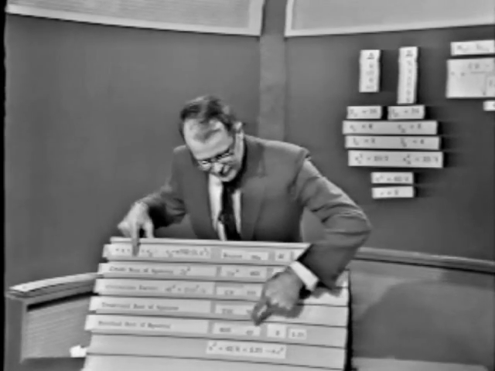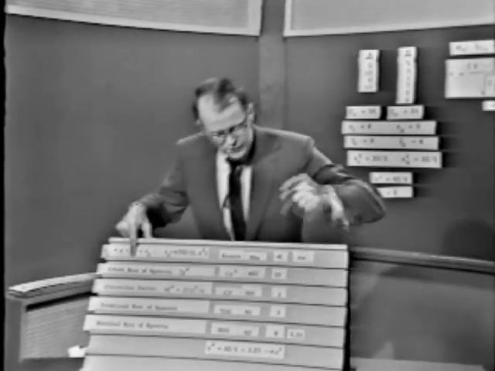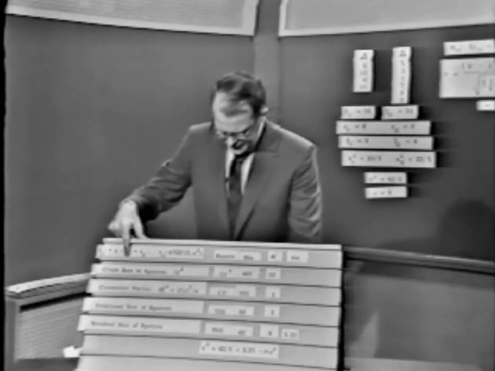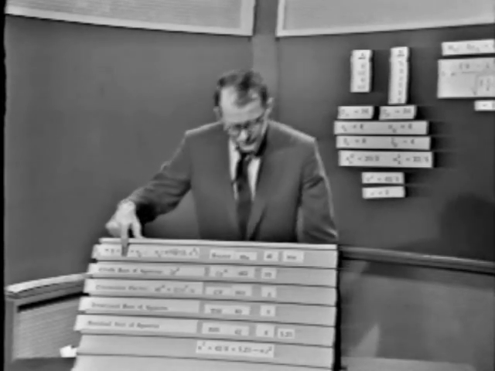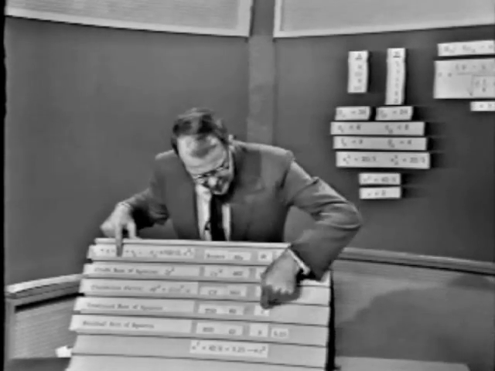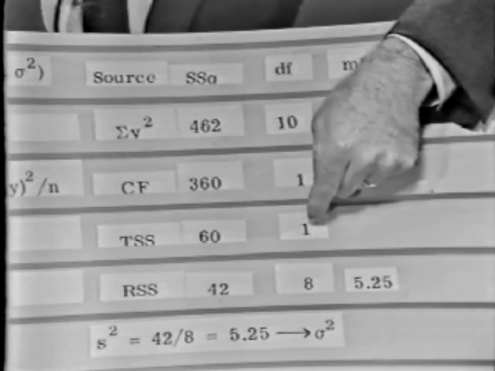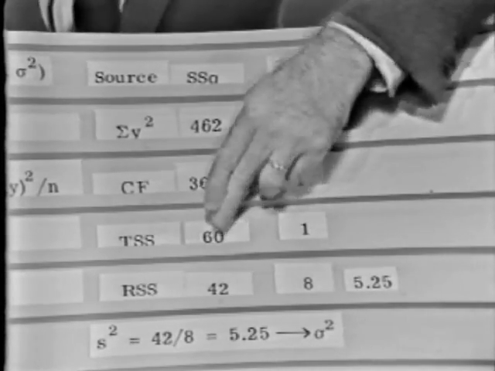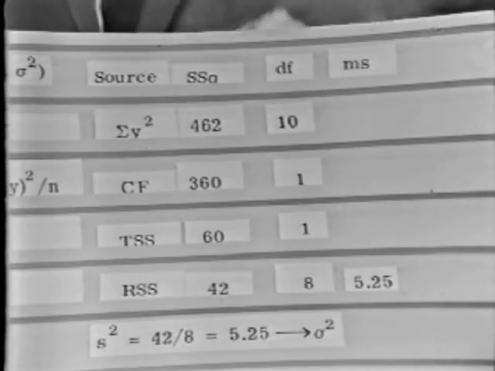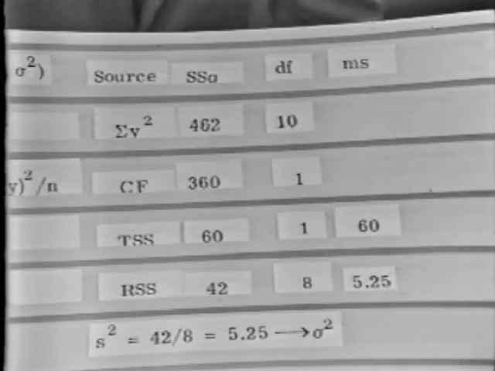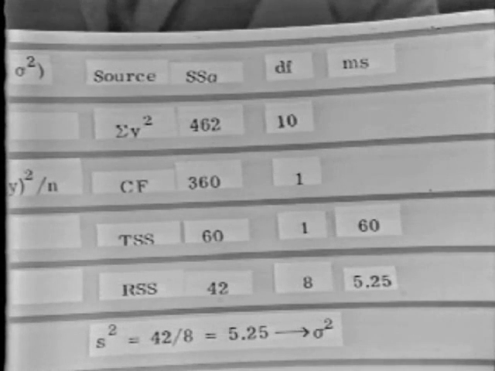And in this instance, the 42 divided down by 8 is certainly still an estimate of the variance, but what about the other term we see down here? Suppose I take this degree of freedom, which under the hypothesis that nothing is going on is also an error degree of freedom now, and divide it into the 60. If I were to do that, I'd get a second mean squared equal to 60. And this second mean squared is every bit as good an estimate of the variance as the first.